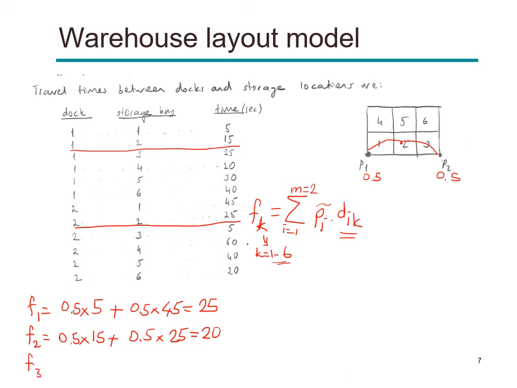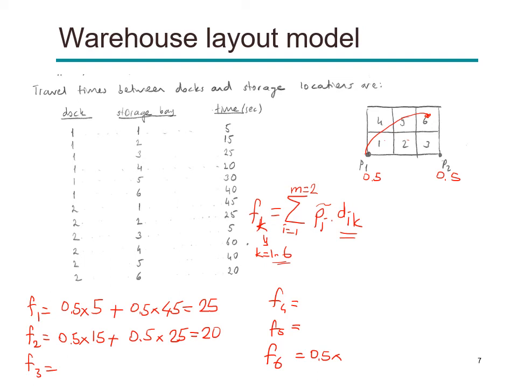Similarly, we need to calculate F3, F4, F5, and F6. As an example, let me calculate F6 also to better understand it. For 6, we take the percentage between 6 and dock 1, which is 0.5, multiplied by the distance between 6 and 1.